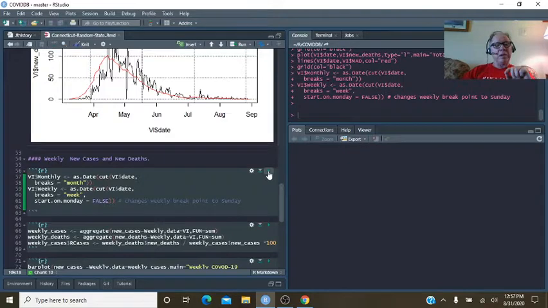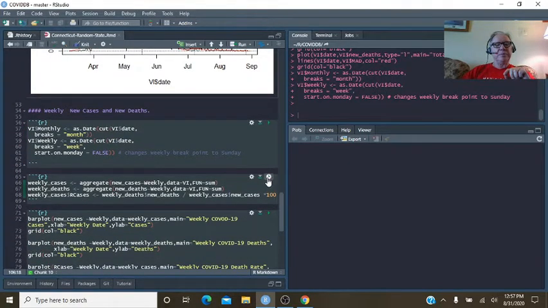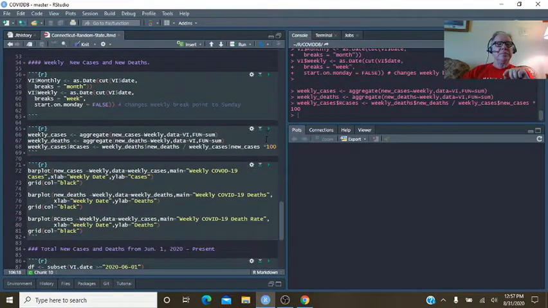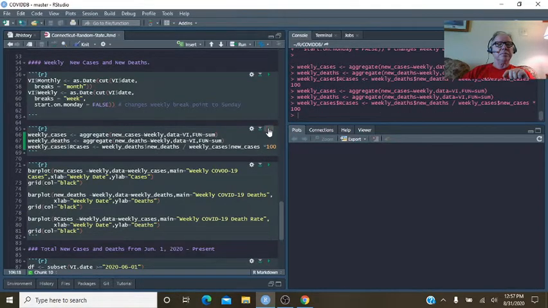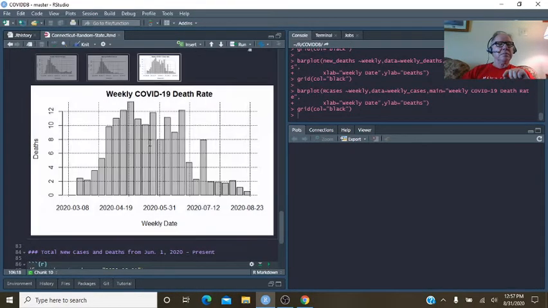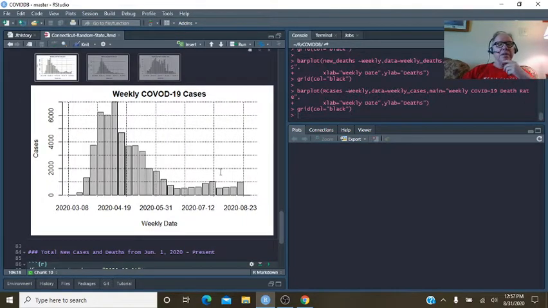Let's take a look at some weekly numbers, shall we? Take a look at some bar plots. Okay. Minimum was here at under about maybe 500.